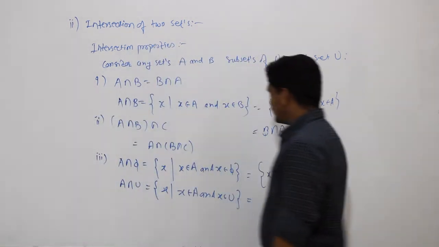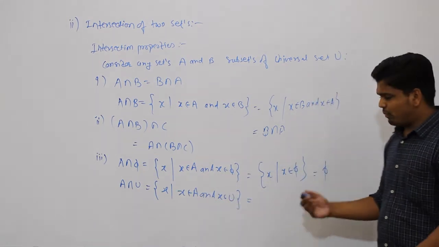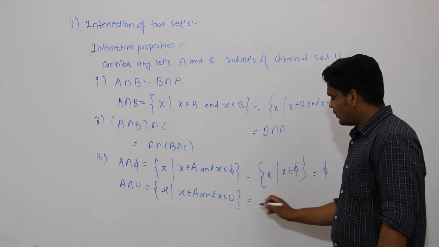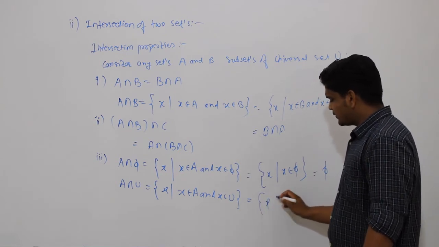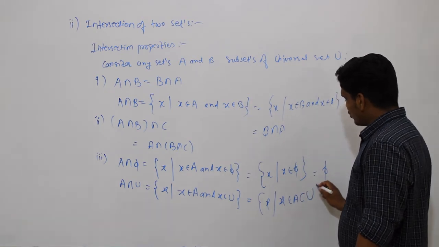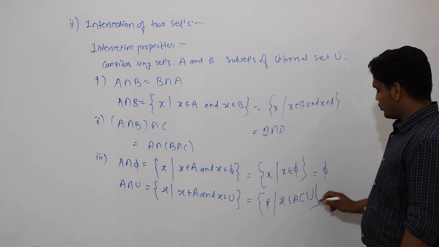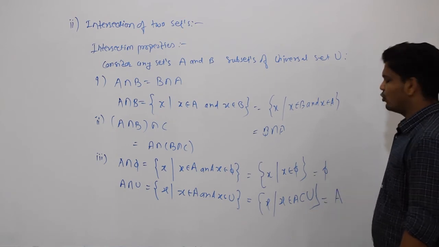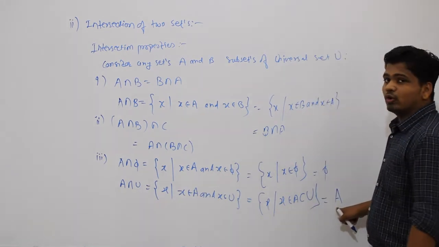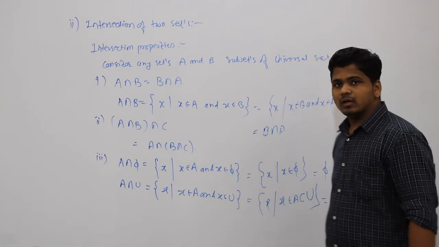We will take all those elements that are in A and that element must be in U. But you know A is a subset of U. Means you will take x belong to A, which is subset of U, means this will be nothing but your A only. Okay? Means your A intersection U will become A only. This law is called the universal law and this is called the empty law.